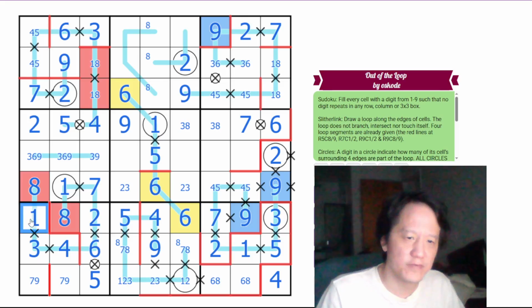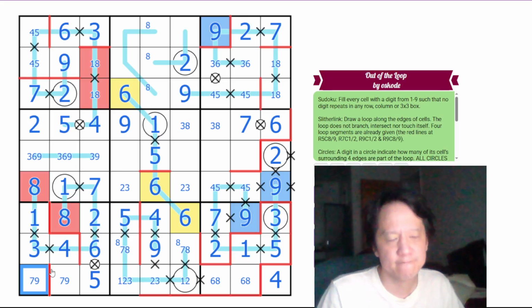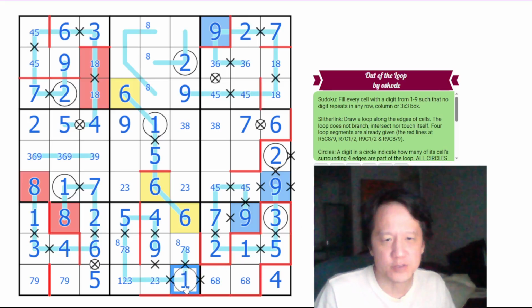But it could have the slither link go up this way, so we don't know what necessarily. This 3 already does not have 3 slither links around it. This only has 1 slither link around it, so this is 1, which means this cannot be 1.